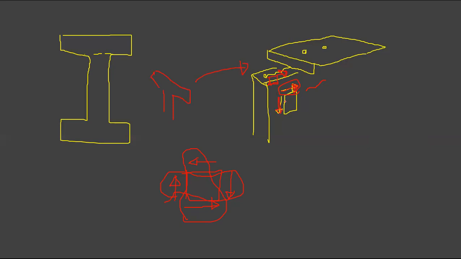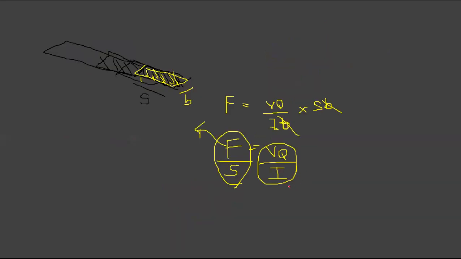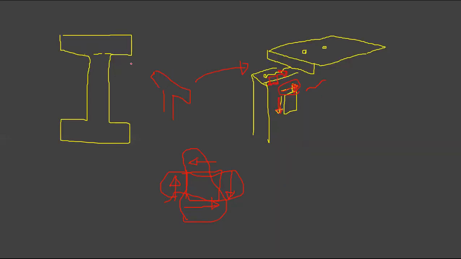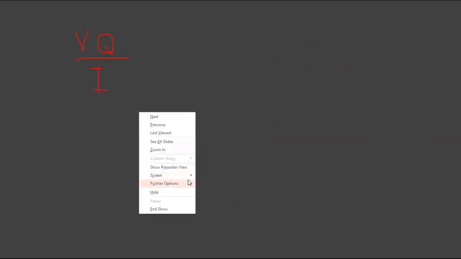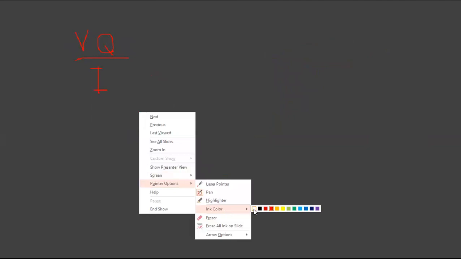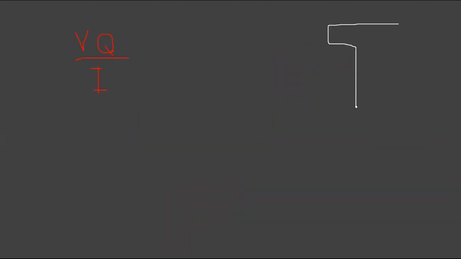Likewise, I need to calculate this shear flow. Because at the interface is where it's going to fail, at this location we should get the shear stress, the shear flow.